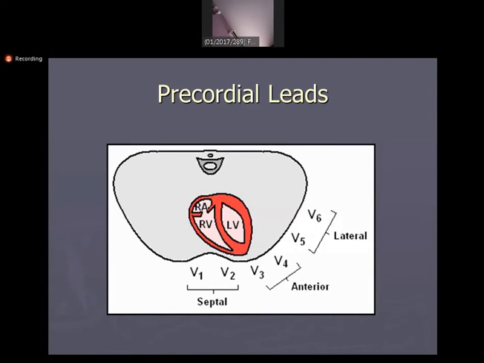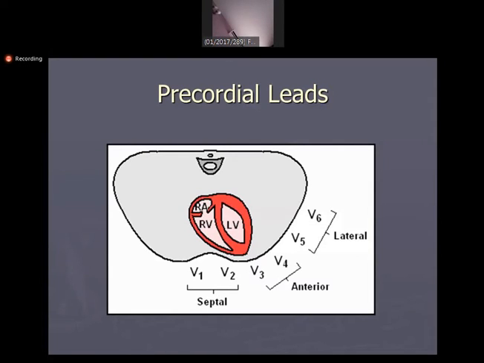So if you see any electrical activity or abnormality in V1 and V2, what does it mean? It means that the electrical activity you are observing is predominantly coming from the septum.